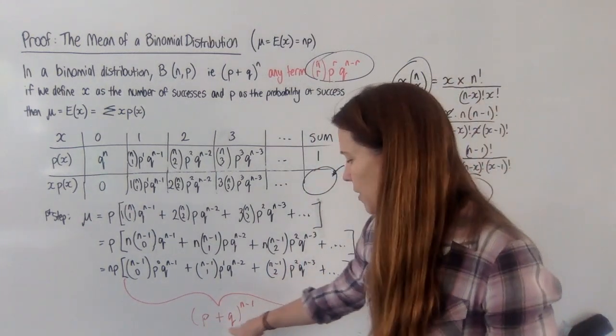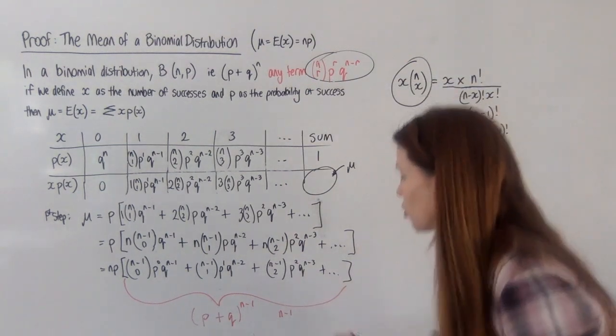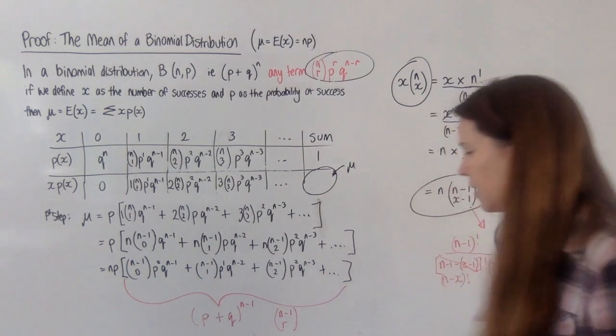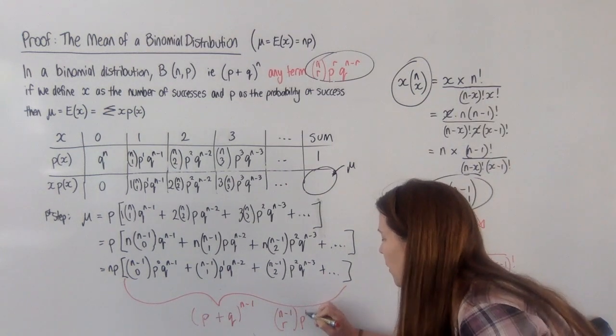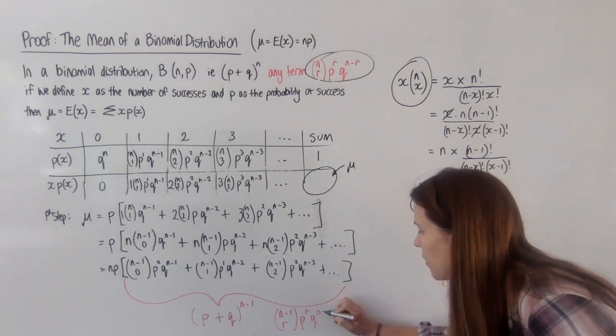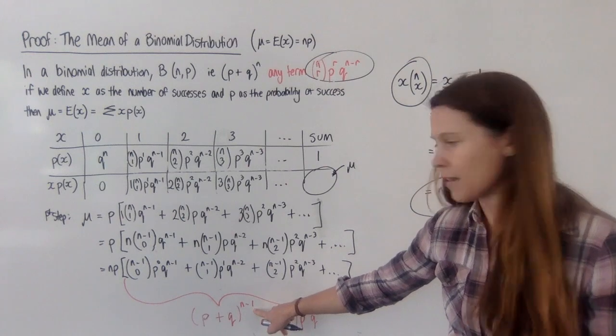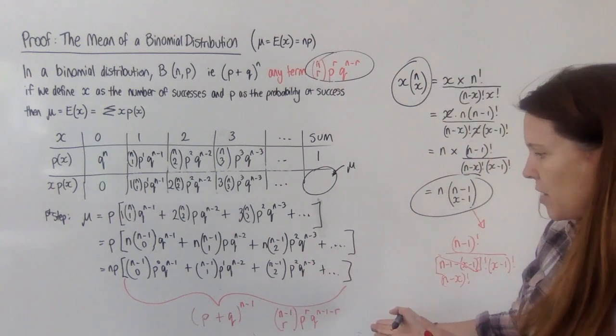Well, any term in this expansion is going to be n minus 1, choose something, and then we're going to have p to the power of r, and then we're going to have q to the power of n minus 1 minus r, aren't we? Because n minus 1 is our power. And is that what we've got in each term?